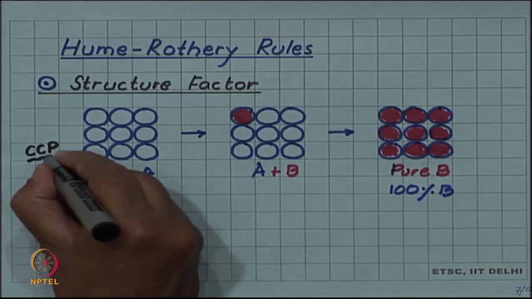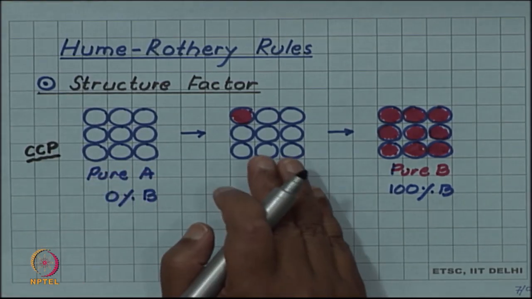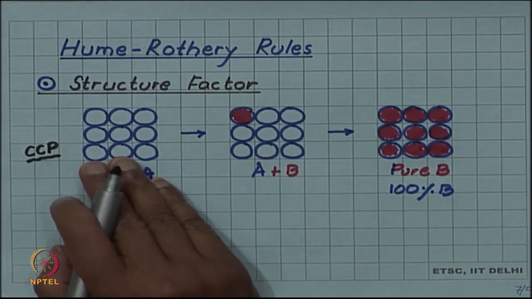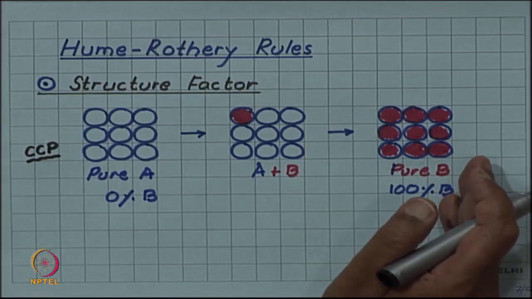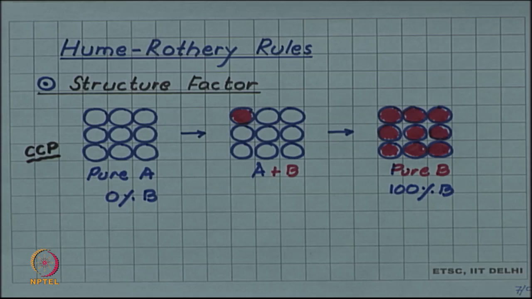So, on the cubic close packed sites, I am replacing B for A one by one. So, the end result, the pure B which I will get also has to be CCP.